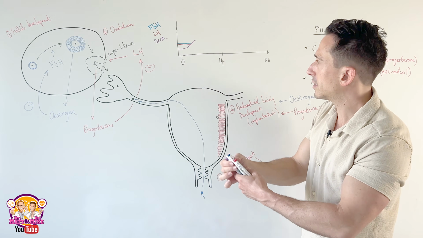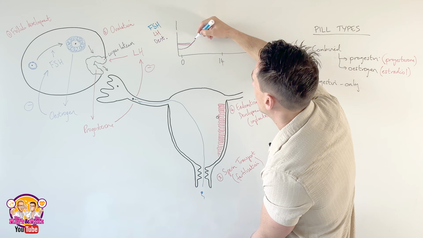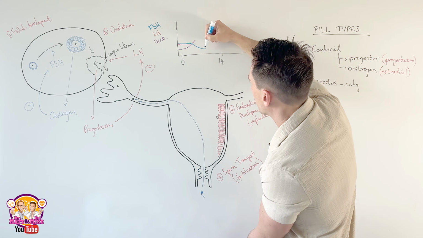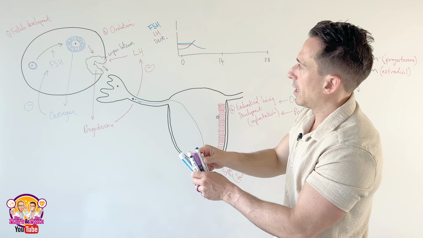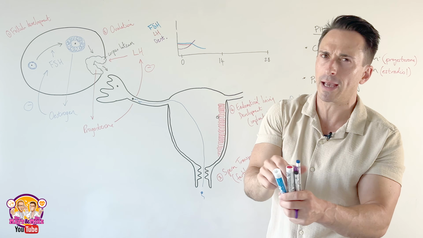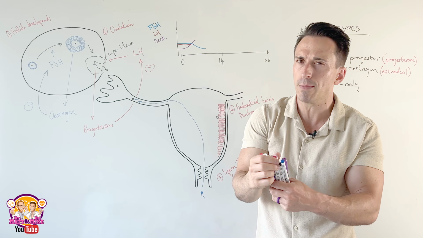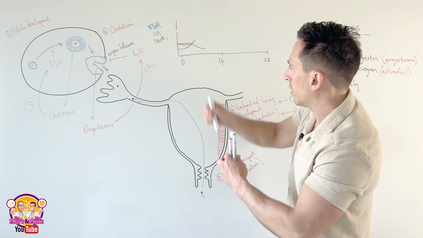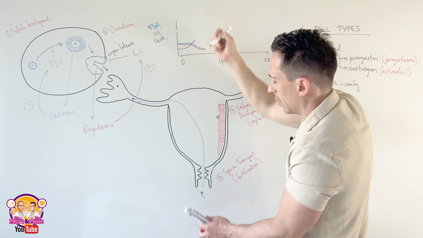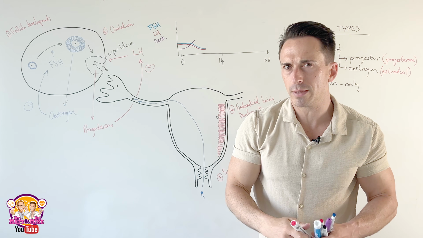All right, that makes sense, right? We get negative feedback. So what happens to the FSH is they start to drop off, right? And estrogen also will have a slight negative feedback on LH. That's because they're released from the same area of the brain, right? So we can also say, yeah, LH does drop off a little bit as well. Then something weird happens.